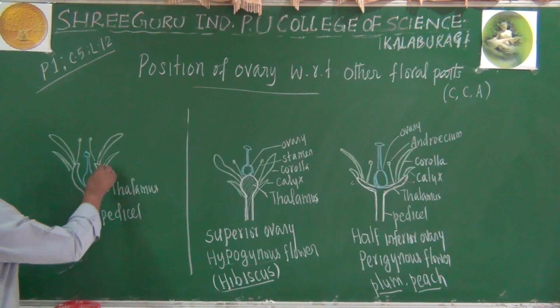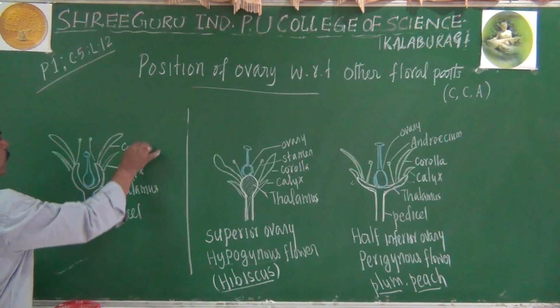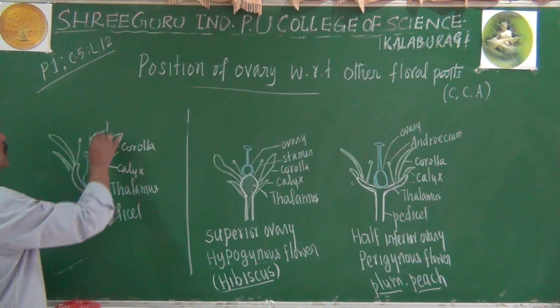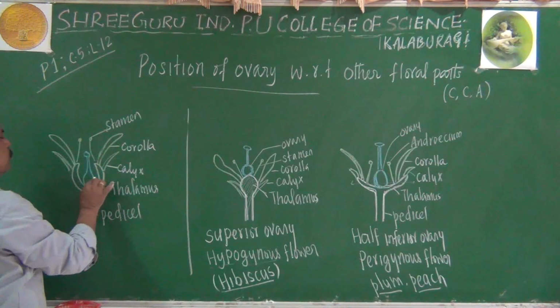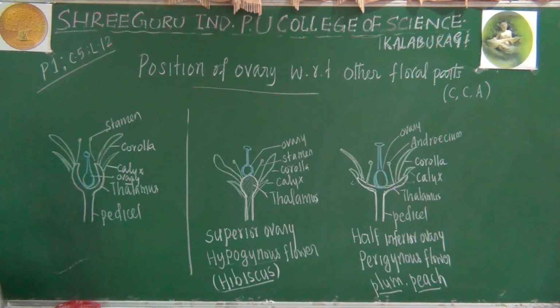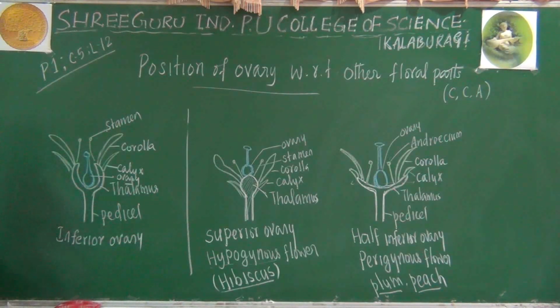So remember: thalamus, calyx, corolla, this is androecium or stamen. This becomes the ovary. So where is the ovary present? Below the calyx, below the corolla, below the stamen. Such an ovary will be known as inferior ovary.